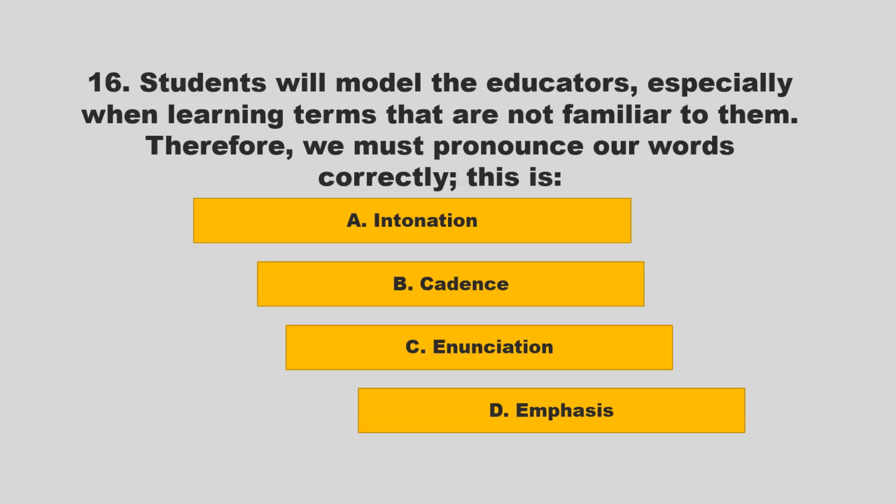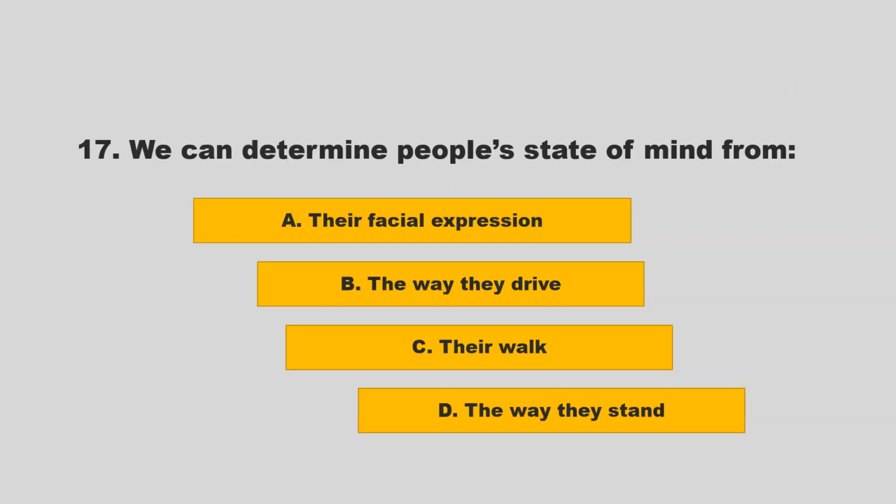Students will model the educators, especially when learning terms that are not familiar to them. Therefore, we must pronounce our words correctly. This is intonation, cadence, enunciation, emphasis. If you chose C, enunciation, you are correct.